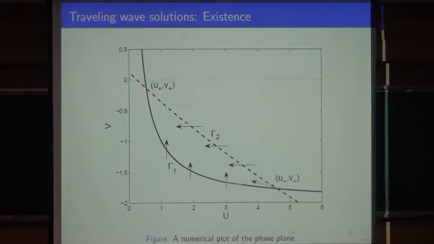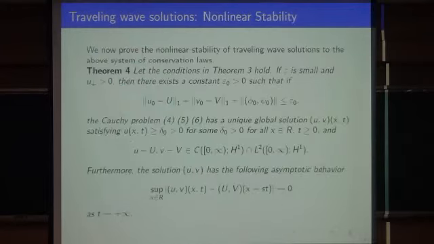There is a stable node here, and this trajectory cannot go around inside. It cannot be oscillatory because it's monotone. You see, it's in the fourth quadrant, so the only way it can go is to here. The Poincare-Bendixson theorem says so. This gives you the proof of the existence of a traveling wave.